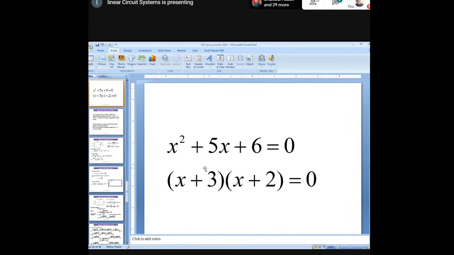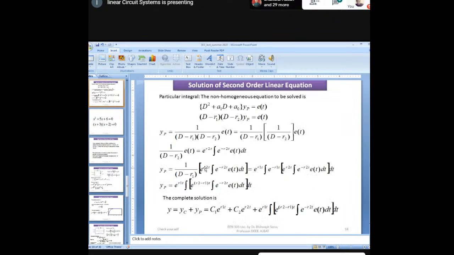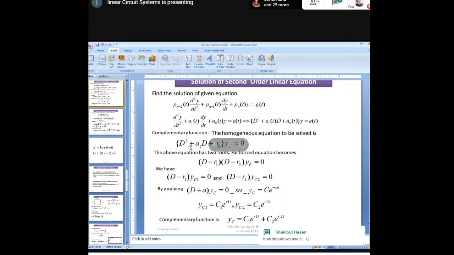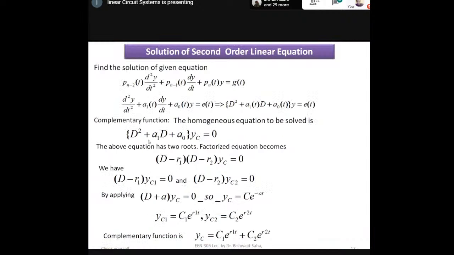The given problem was similar here: D square plus a1 D plus a0 is one term. We have two roots in a second order equation, so we have given the names R1 and R2.